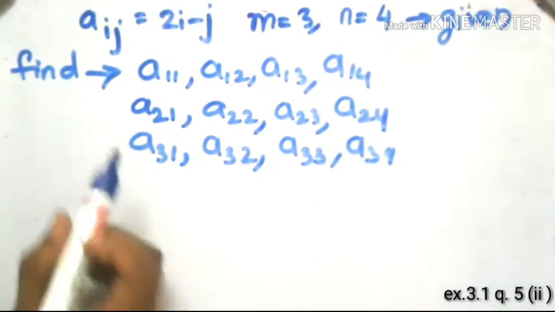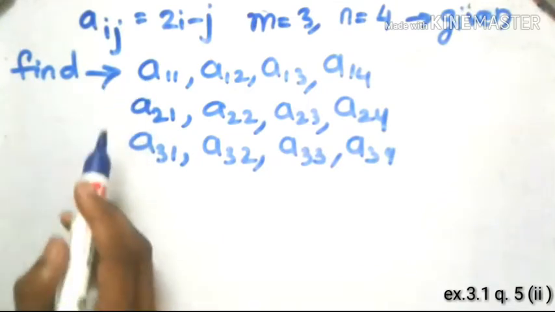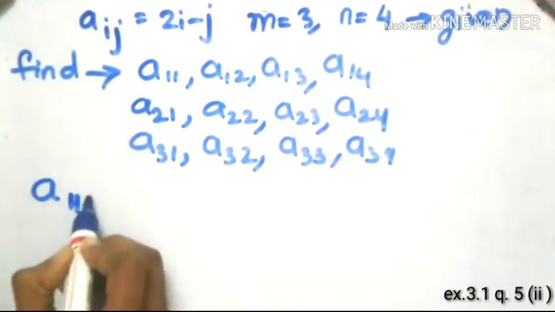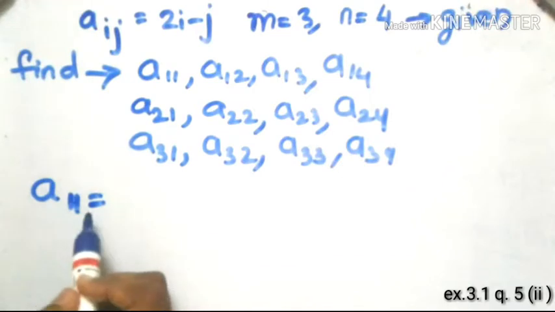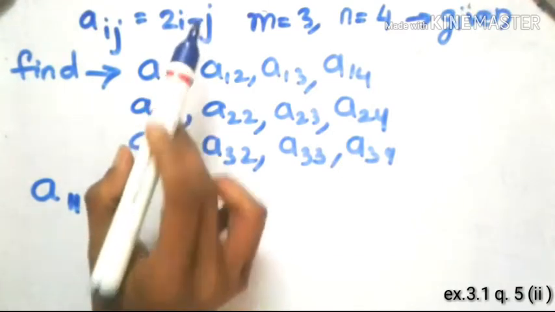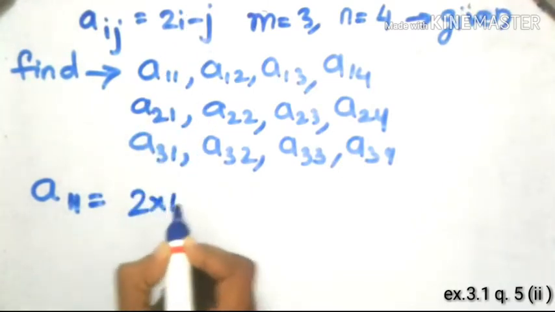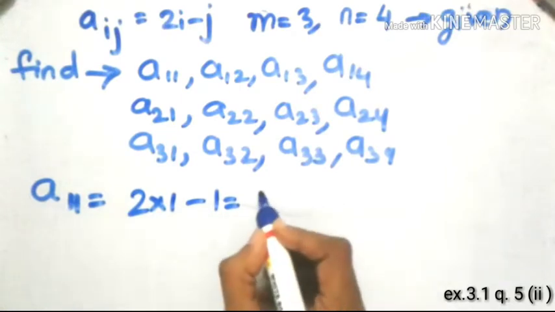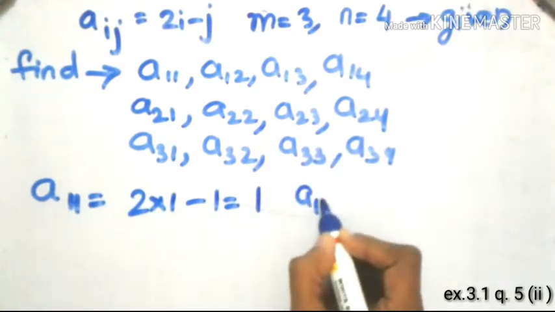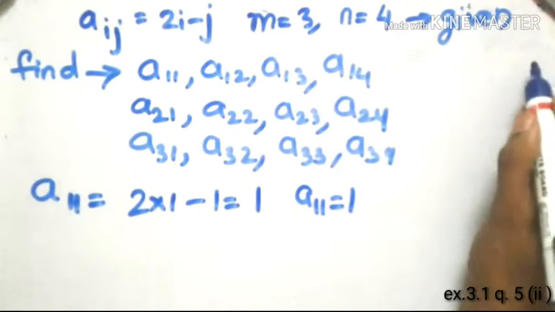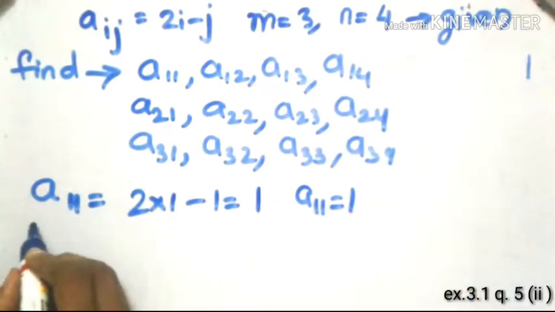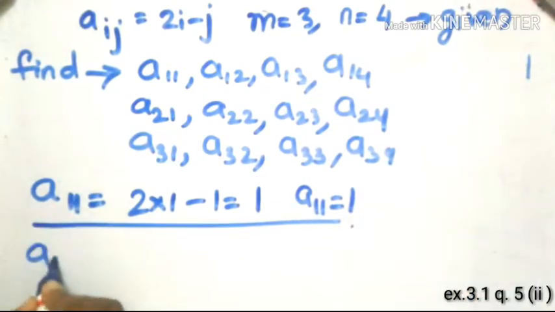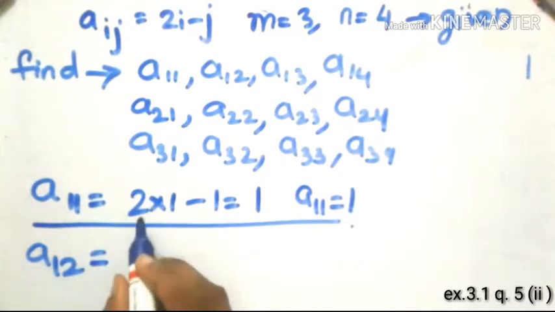So let's start right away. We'll take A11. To find A11, I need to substitute the values of i and j in this formula. So 2 into 1 minus 1, and that gives me the answer as 1. So A11 is 1. Just write it on the side. So this is the first value. Next, A12 will be 2i minus j.